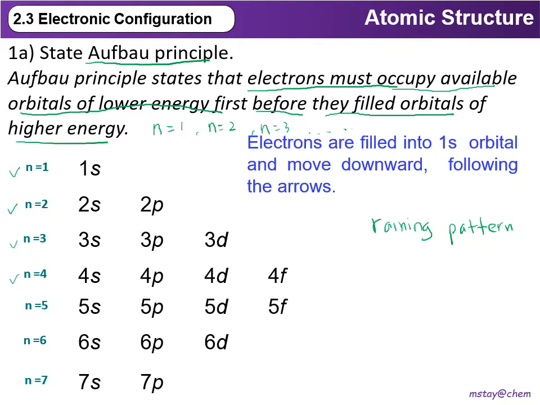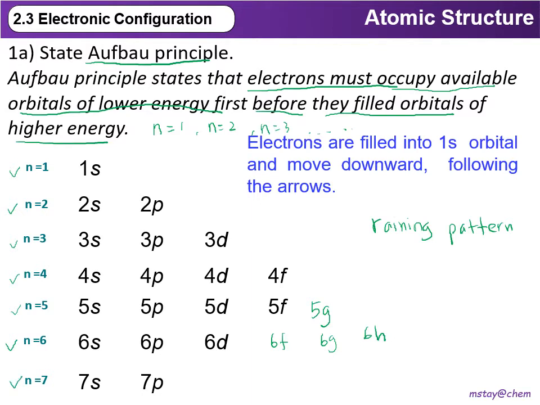n equal to 4, we have 4s, 4p, 4d, 4f. And n equal to 5, we basically have 5s, 5p, 5d, 5f, 5g. For n equal to 6, we have 6s, 6p, 6d, 6f, 6g, and then 6h.